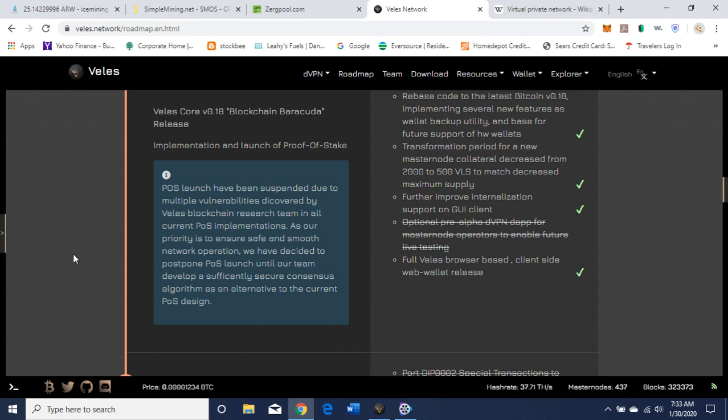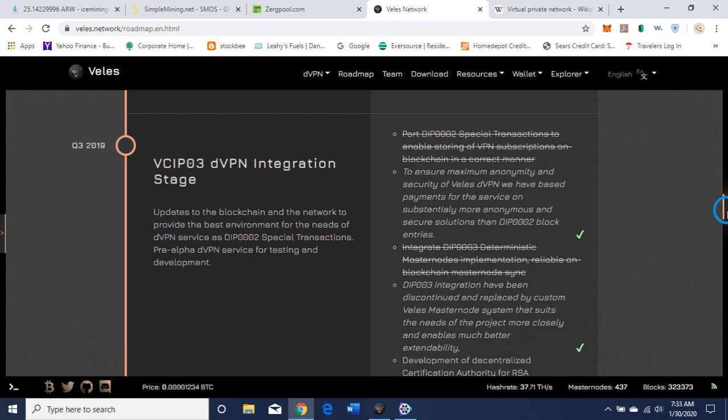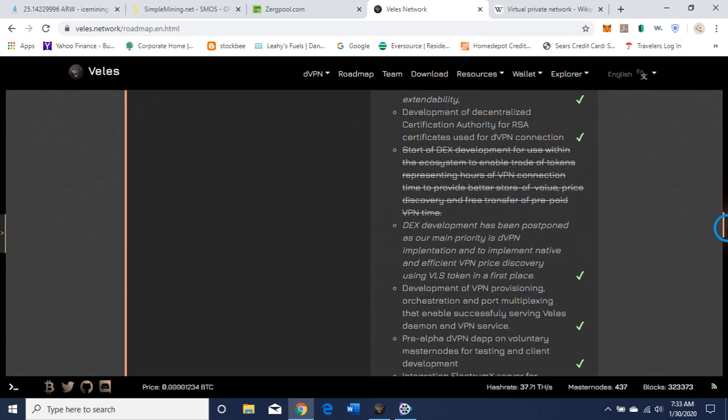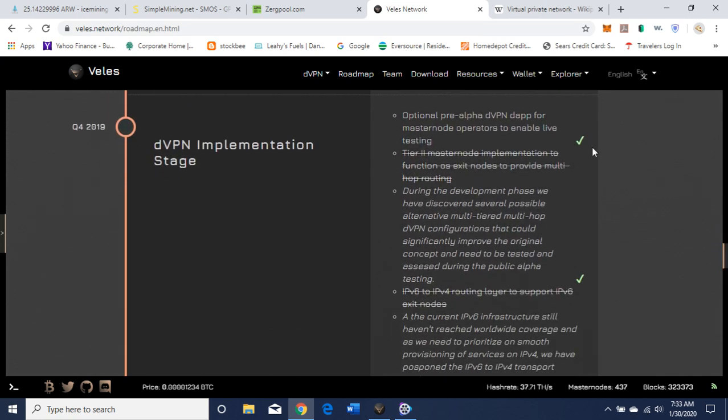As our priority is to ensure safe and smooth network operation, we have decided to postpone proof of stake launch until our team develops a sufficiently secure consensus algorithm as an alternative to the current proof of stake design. So that proof of stake that I mentioned before is going to be suspended for right now. Looks like they're working on it. VPN integration stage, and it has check marks for what they've done.